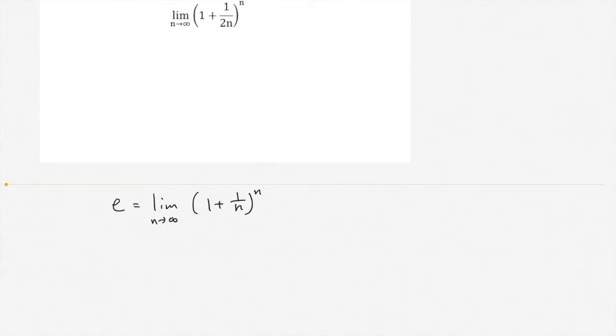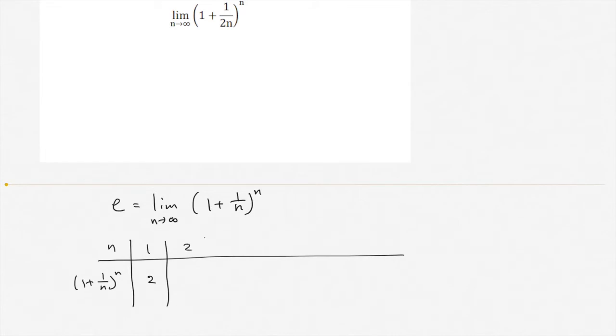If you calculate (1 plus 1 over n) to the n: if you substitute 1, it becomes 2. If you substitute 2, this quantity becomes 2.25. And if you substitute 10, it becomes 2.59.